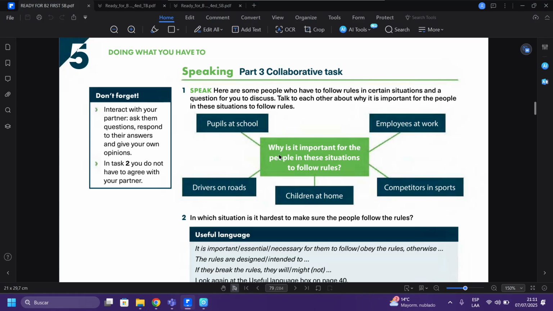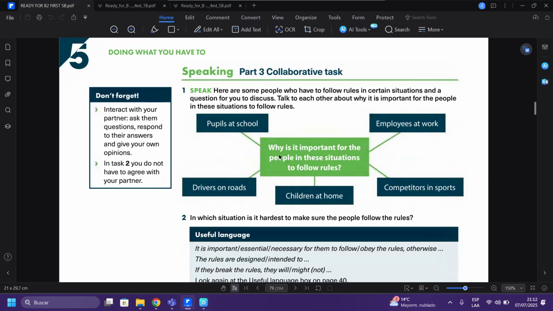Okay, and how about in the family? For example, if you don't follow rules, you bother your sister or your brother. Do you think that is correct? Yes, because if you have an older person in your family, you must follow the rules.